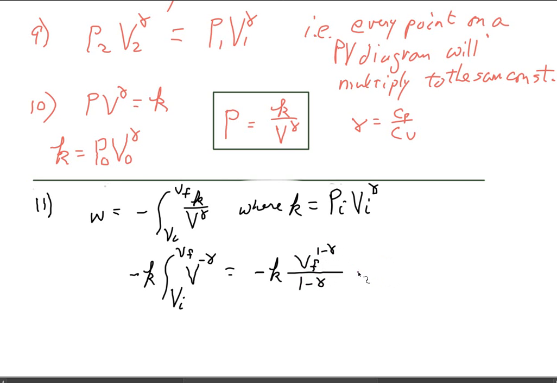And then we will have minus a minus, which is going to be a plus K times V initial to the 1 minus gamma over 1 minus gamma. Now, a lot of people would be perfectly happy with that, and there's nothing wrong with it, and that is a good final equation for work. This is equal to work.